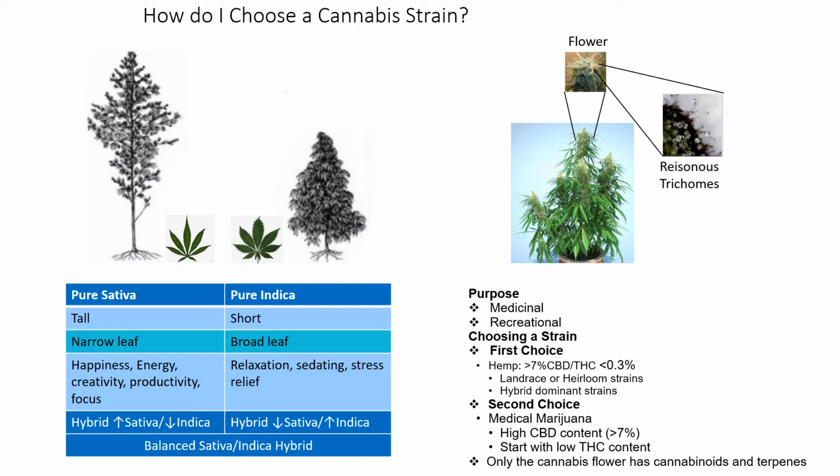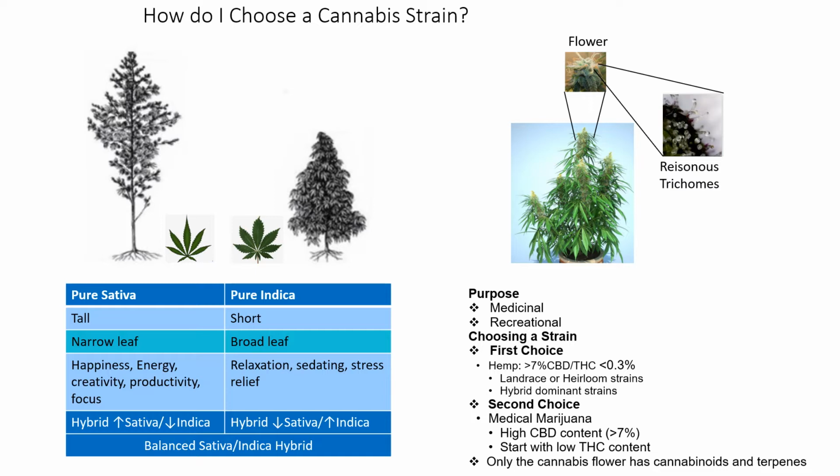For relaxation, choose hemp indica extract with greater than 7% CBD and less than 0.3% THC. Medical marijuana can be your second option if the hemp indica does not work. Again, ensure that your THC levels are below those of your CBD content.